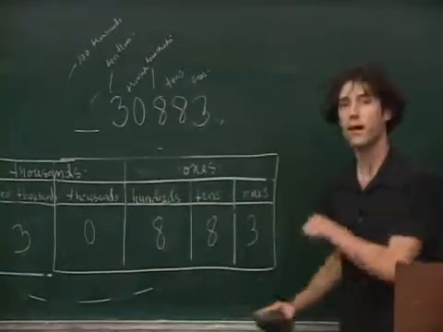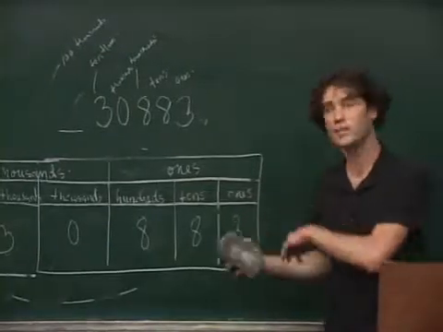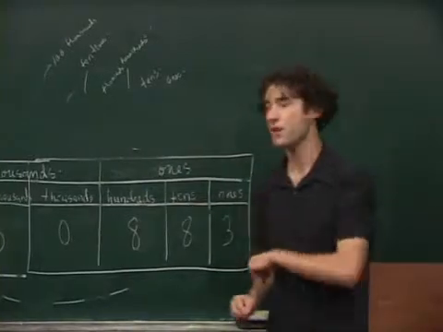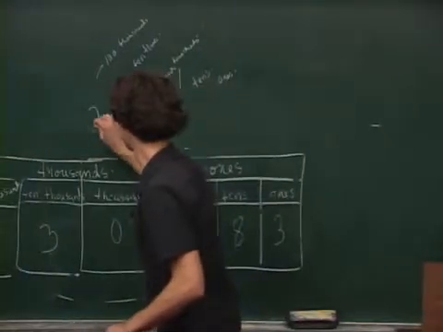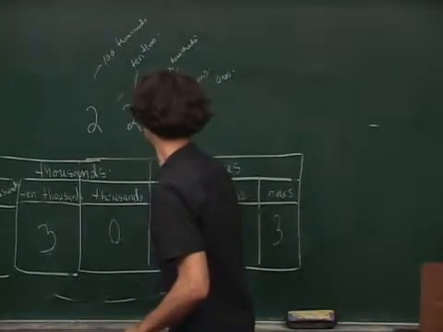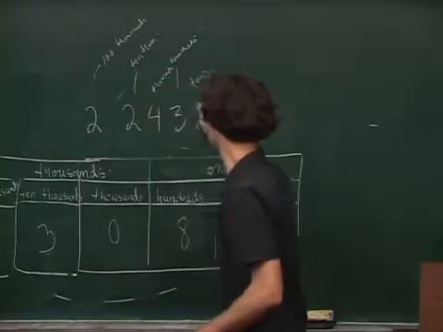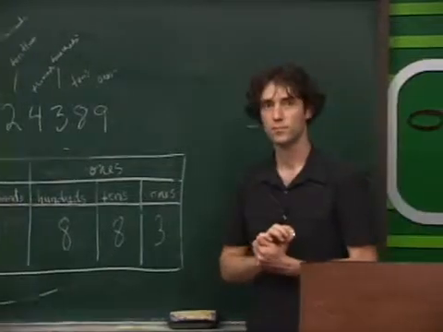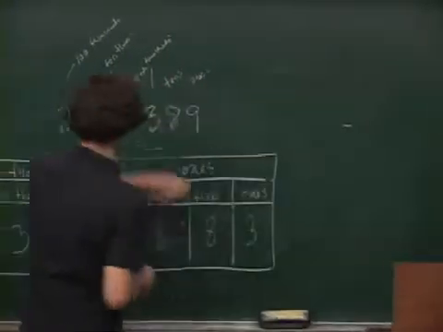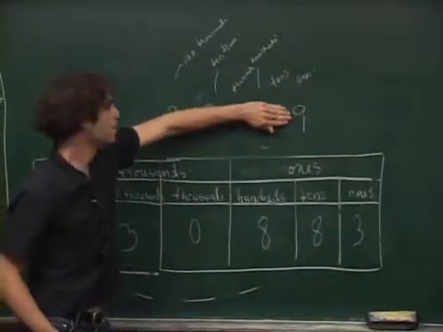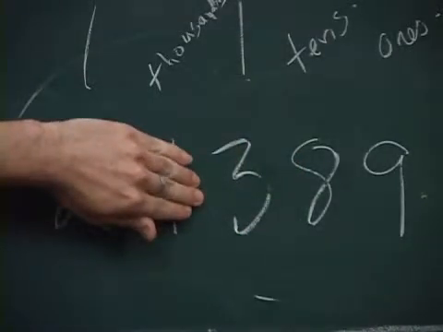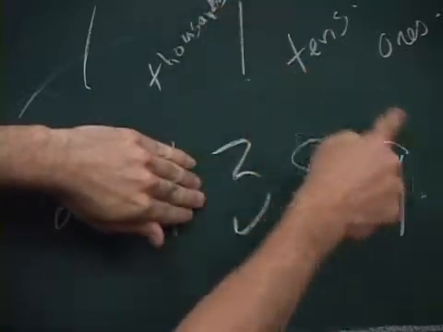So, let's do another number, and I'm going to ask you to do the digit table. So here will be your number. Now, what do we have here? Well, if it was just this, we would have the number 9. If it was this, we would have 89. If it was this, we would have 389.